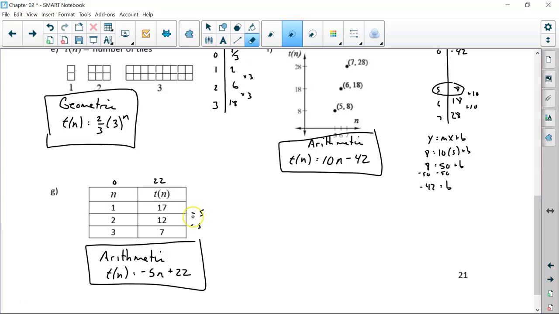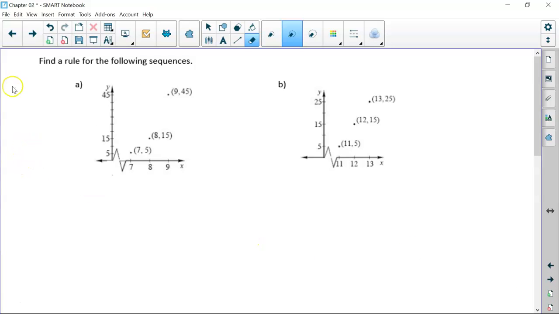Let's do some more complicated ones on the next page. For A, once again, we're not given our table, but what we can do for these, since they're so spread apart, is set up my table.